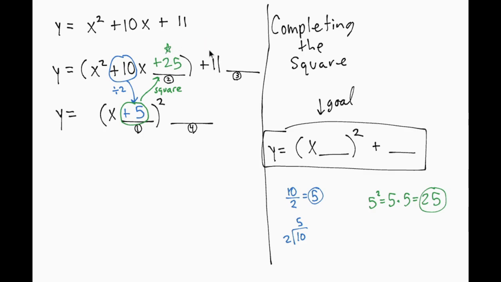Let's pause and notice that we just added 25 to the right side of our equation. If we only add 25 to one side of our equation, then our equations won't be equal anymore. So we need to be sure to balance it out by subtracting 25 from the same side of the equation.